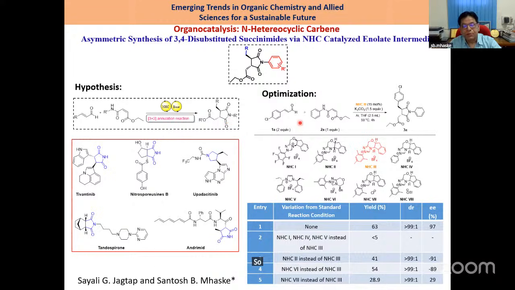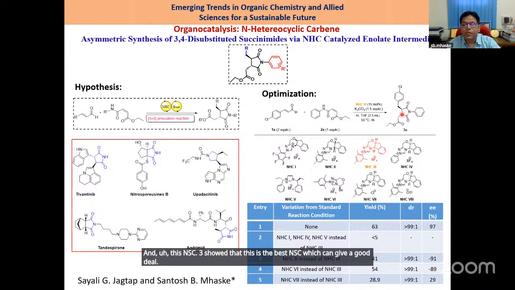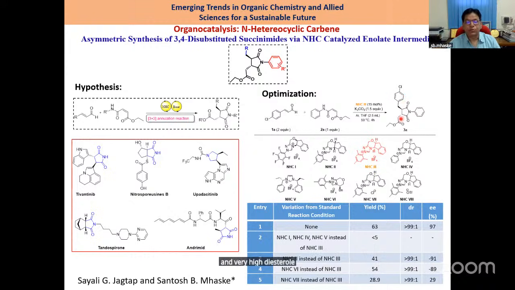So we planned the reaction accordingly with these two substrates, and NHC3 showed that it is the best NHC, which can give good yield and very high diastereoselectivity and enantioselectivity.